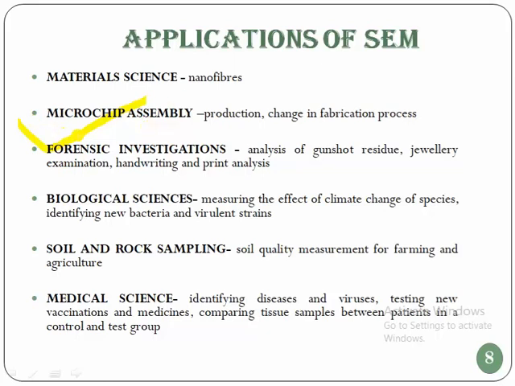Then a very interesting one is forensic investigations, where it is used to analyze gunshot residue. Then we can measure jewelry examination. We can identify the jewelry as well as handwriting and print analysis, which cannot be done by the human eye.